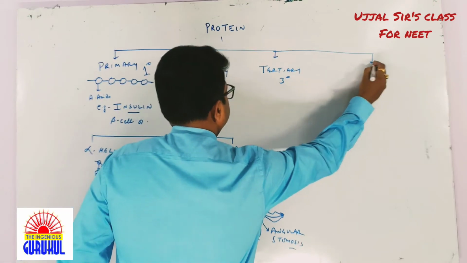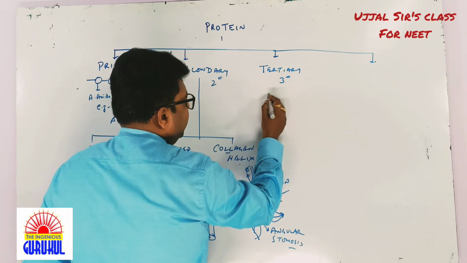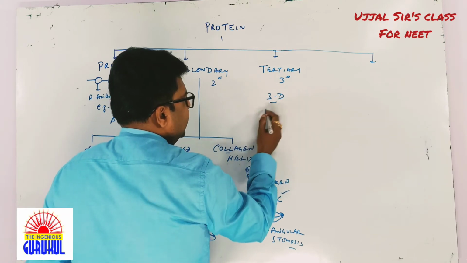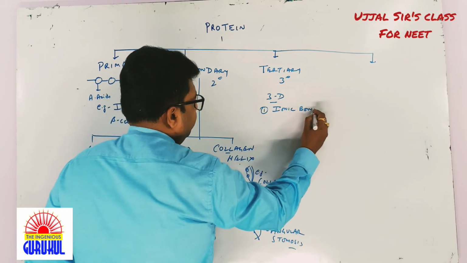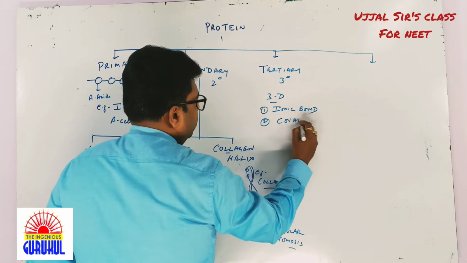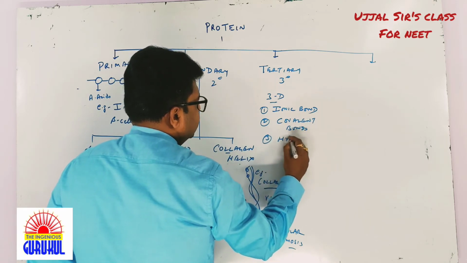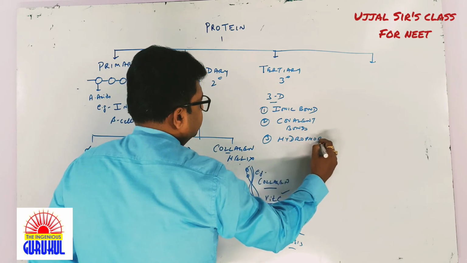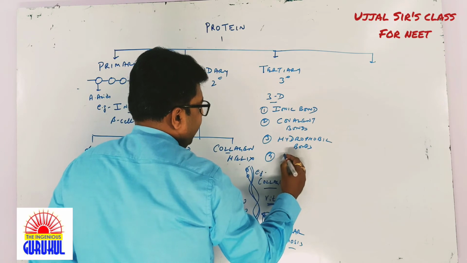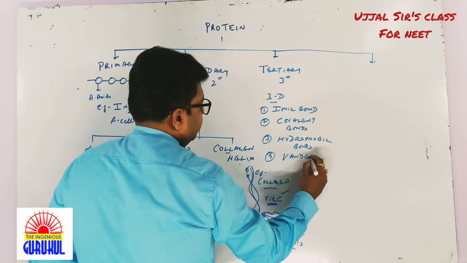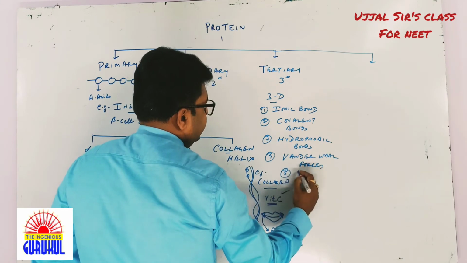The tertiary structure makes a three-dimensional structure with the help of bonds like ionic bonds, covalent bonds, hydrophobic bonds, van der Waals forces, and hydrogen bonds.